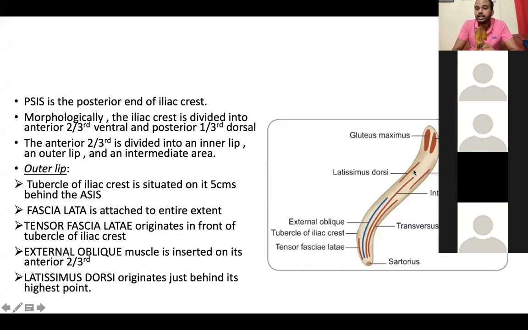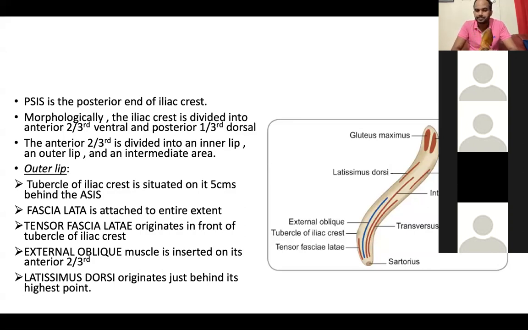So on the outer lip of the iliac crest, the tensor fascia latae muscle takes origin, the external oblique muscle is inserted, and the latissimus dorsi muscle also takes origin on its anterior 2/3.